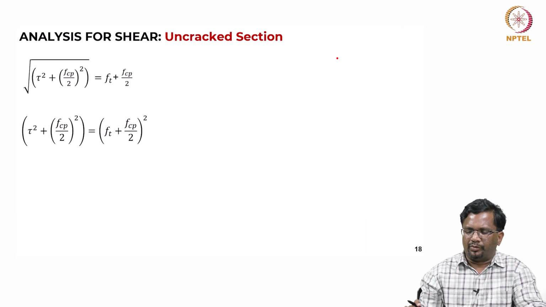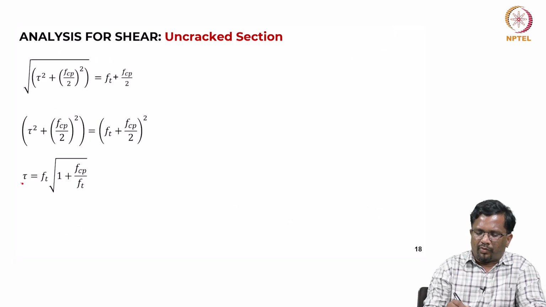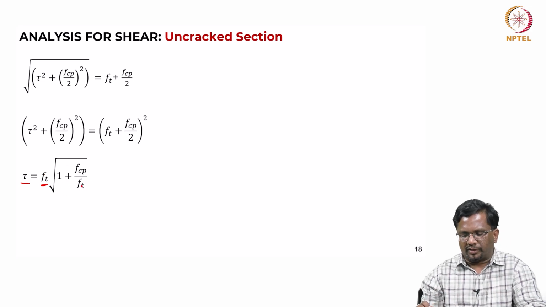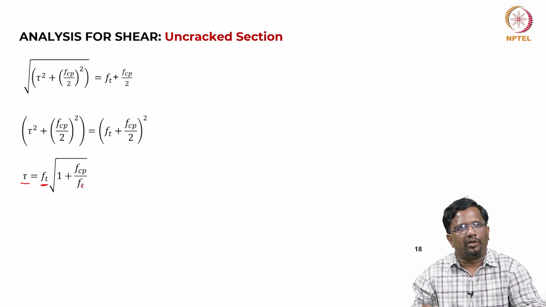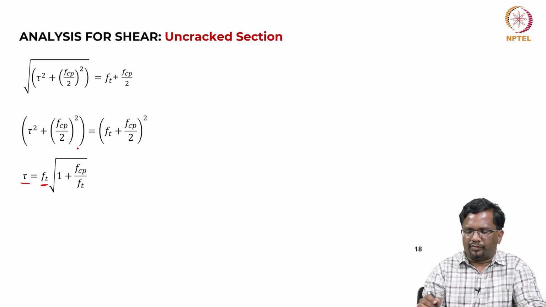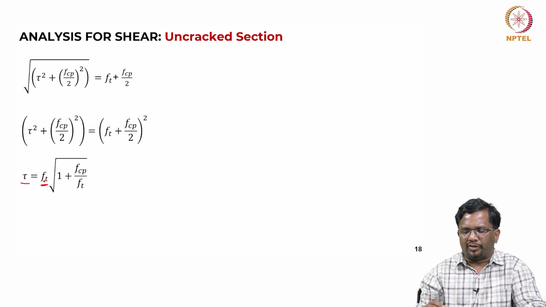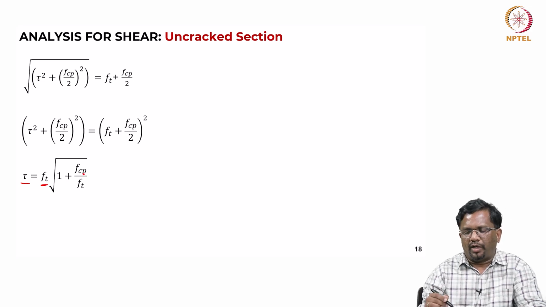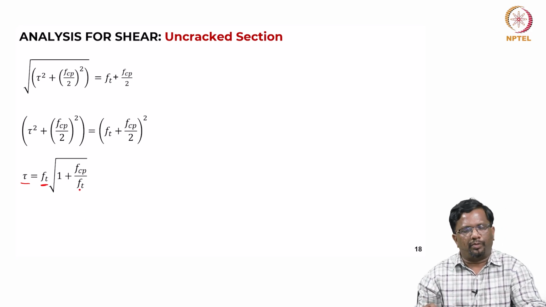Now, let us look at it. If you do the simplification, tau can be expressed in terms of principal tensile strength and the amount of pre-stress in this form.